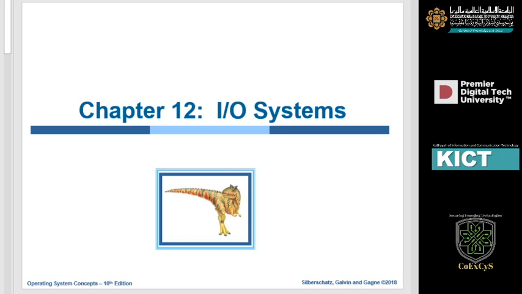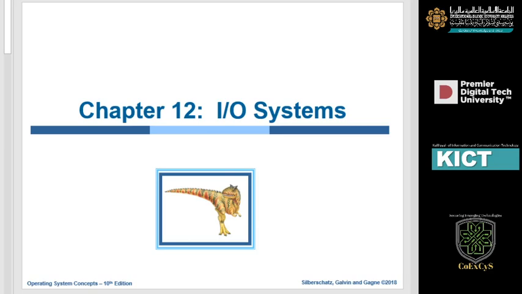I/O device technology exhibits two conflicting trends. On one hand, we see an increasing standardization of software and hardware interfaces. This trend helps us improve devices. On the other hand, we see an increasingly broad variety of I/O devices.